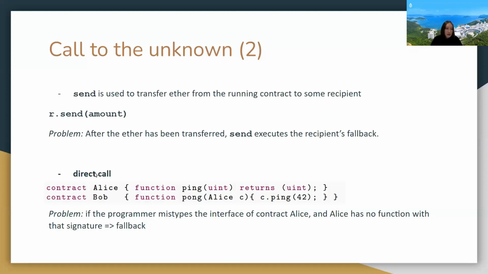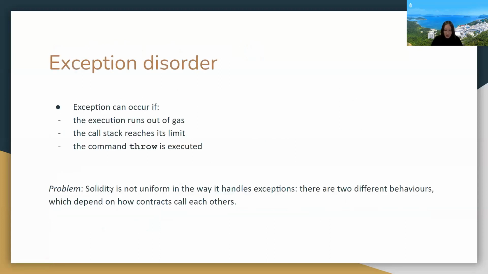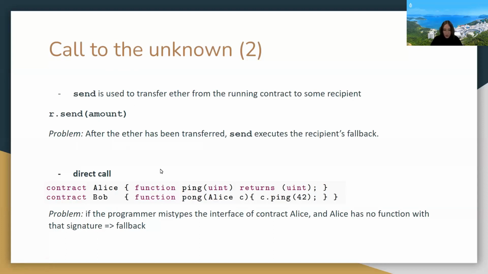The next one is the direct call. Suppose we have two contracts: contract Alice, which has a function ping, and contract Bob, which has a function long that accepts the address of contract Alice and calls the function ping(42) from this contract. So contract Bob is calling the function in contract Alice.